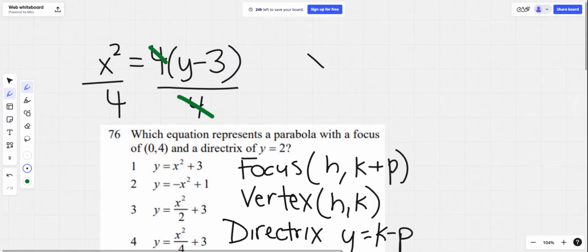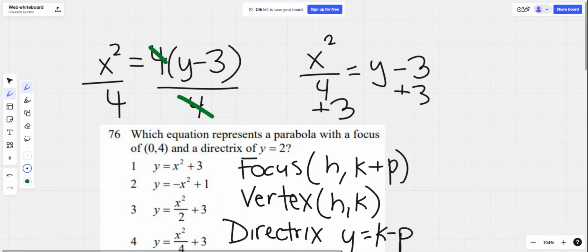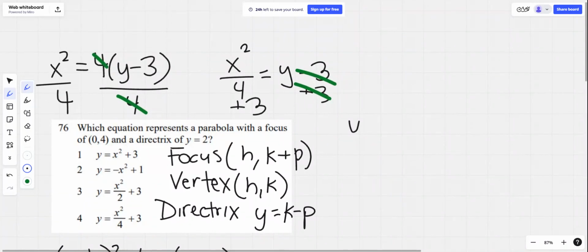Now we have x squared divided by 4 equals y minus 3. We can add 3 on both sides to cancel out the 3, and now y will be on its own. Now we get y equals x squared divided by 4 plus 3.